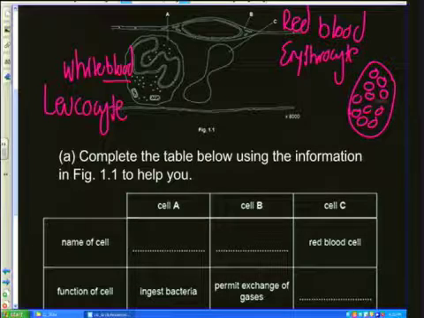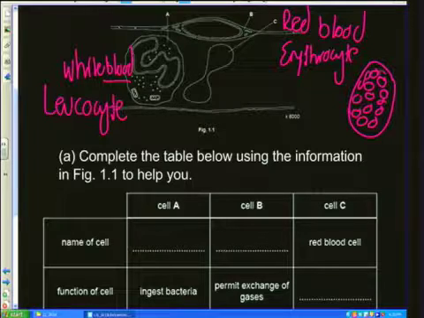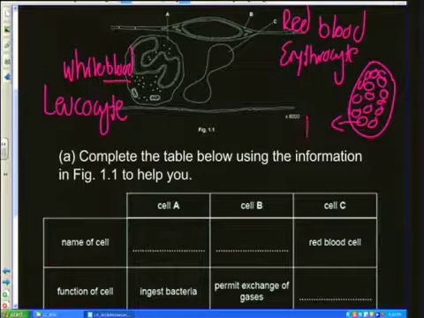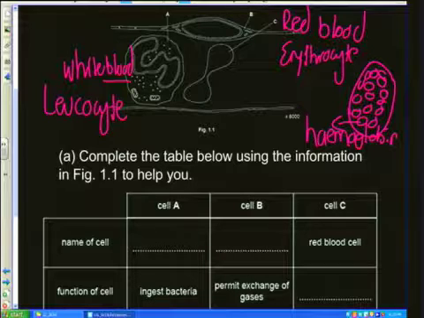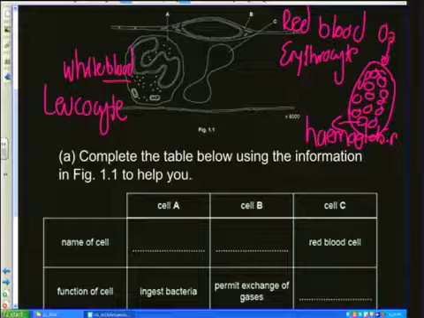Remember when you did your biochemistry, that iron pigment, hemoglobin. The more hemoglobin I can fit in, the more oxygen I could pick up. And oxygen is somewhat essential.